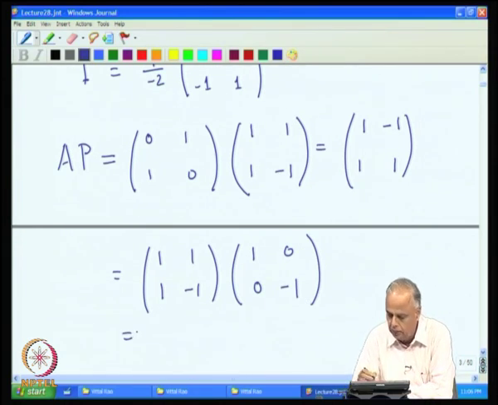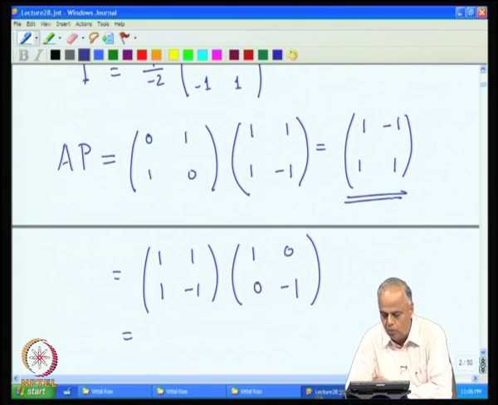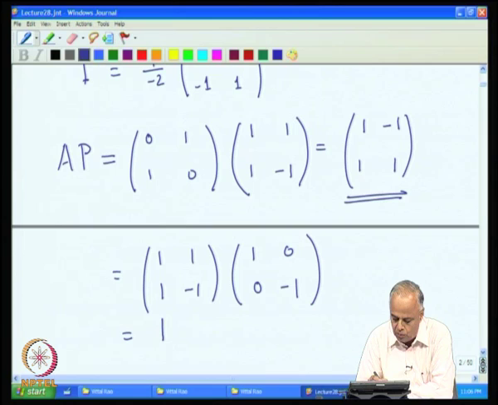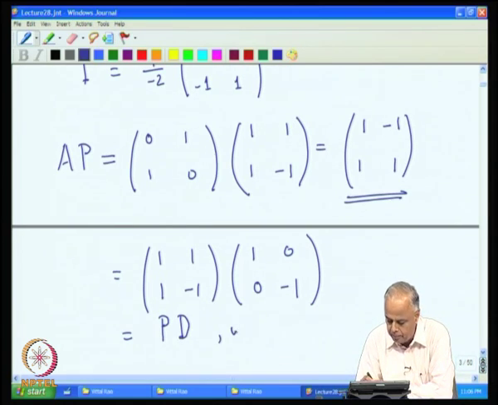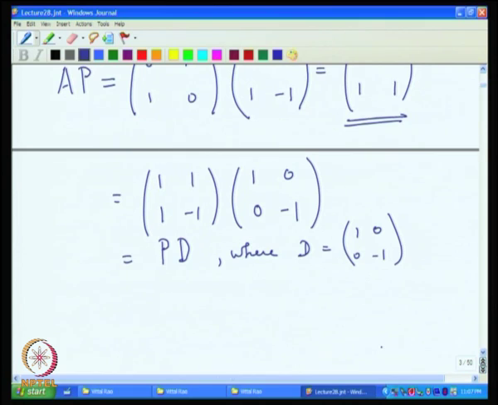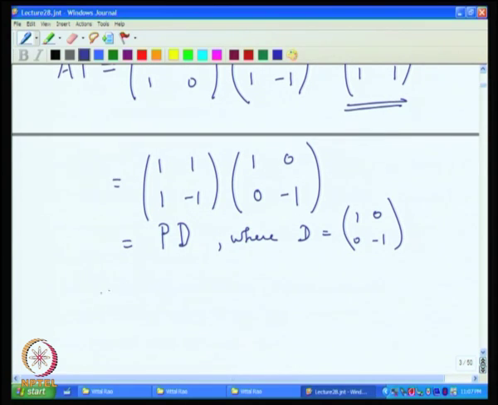It is easy to check that when you take the product of these two matrices you get this matrix. The matrix 1 1 1 minus 1 was P and we will call this diagonal matrix D, where D is the diagonal matrix with entries 1 and minus 1. And since P was invertible, taking the P to the other side, we get P inverse A P equals D, a diagonal matrix.